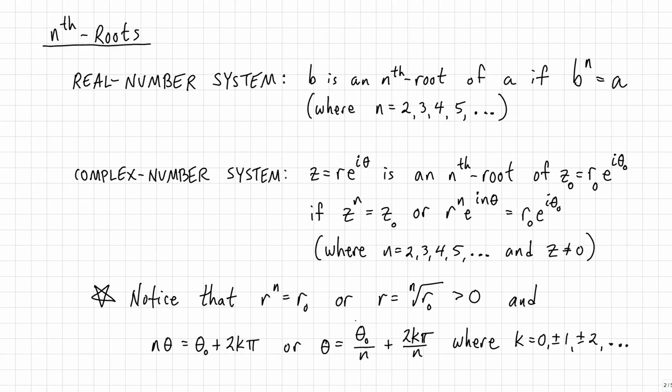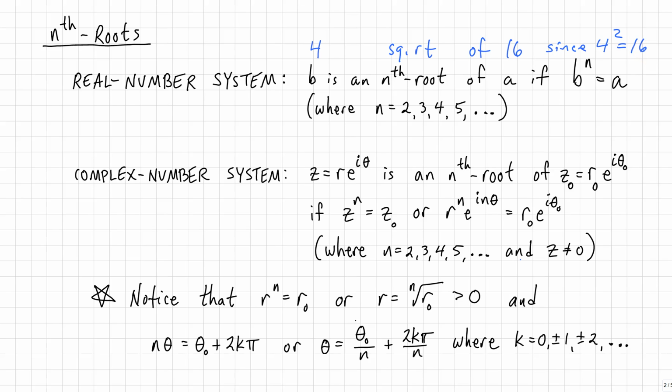So in the real number system, so real numbers only, we say that a real number b is an nth root of a real number a if b to the n equals a. Just for a quick example to remind yourself, that would be the same thing as saying 4 is a square root of 16 since 4 squared is 16.